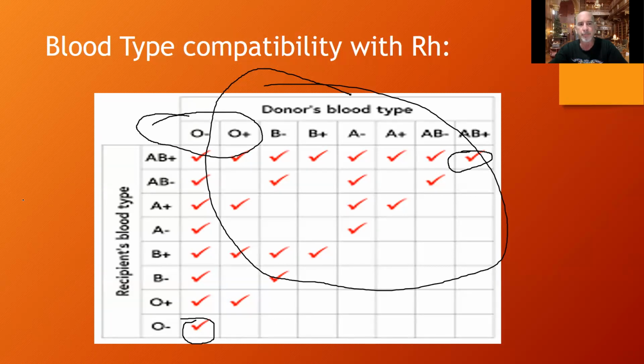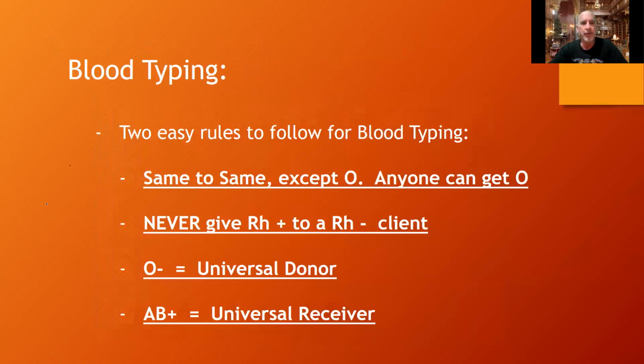O is a universal. Now, when you do the RH factor, the thing to remember, so they're same to same. The other rule to remember is RH: never give RH positive to an RH negative client. What will happen is the RH negative client's body will see this RH positive antibody on the blood and think it's an invader and attack it, causing a transfusion reaction.